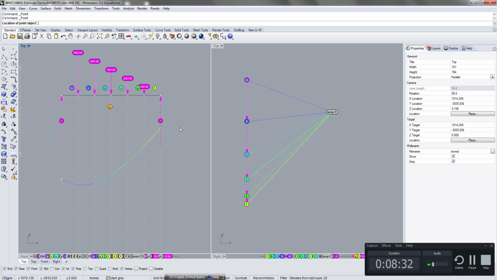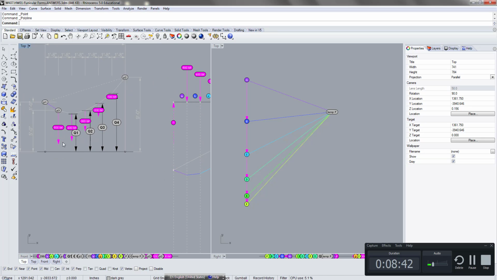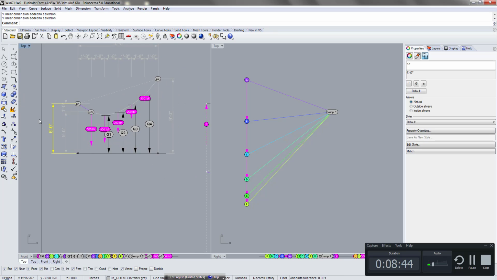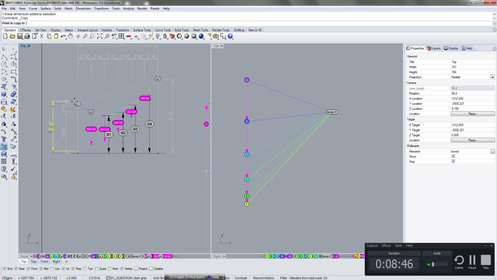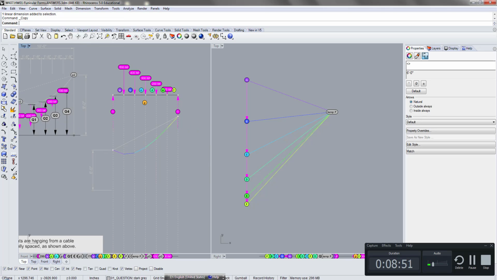So let me get the closing point. For example, let's say we have 6 feet here.